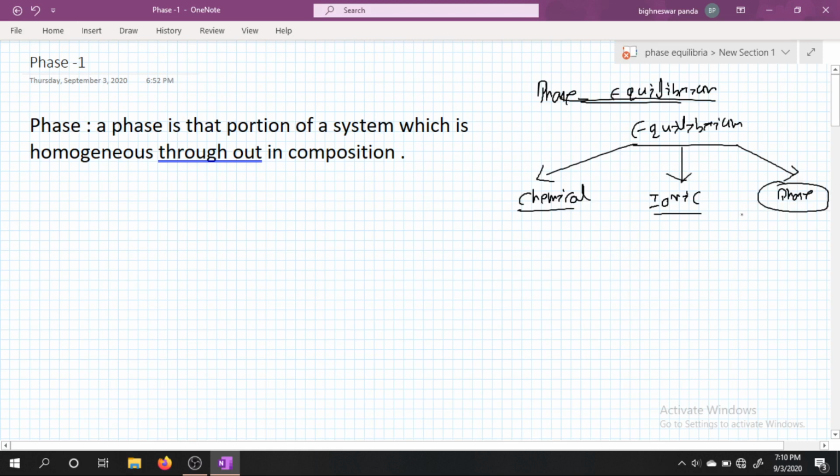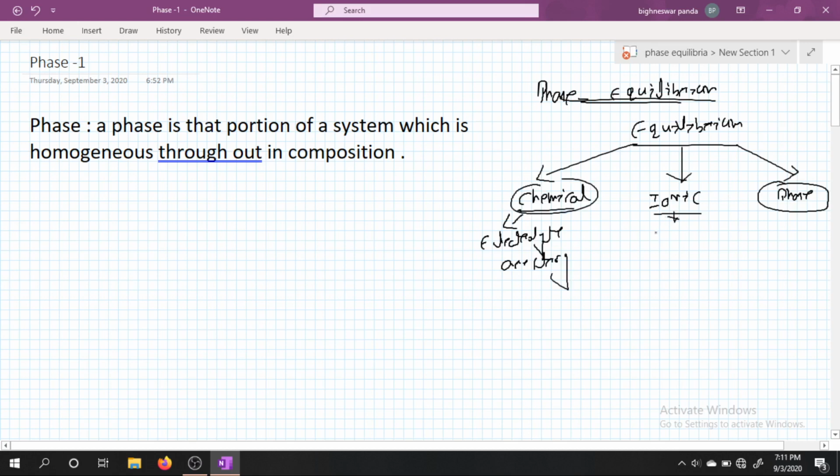So before starting phase, what are the classifications regarding chemical ionic? If electrolytes are strong, then we are studying chemical equilibrium.